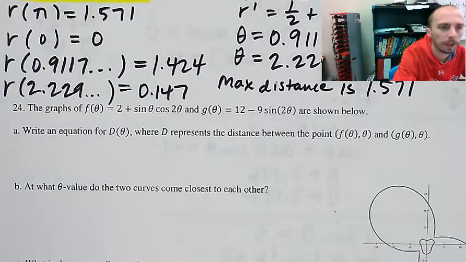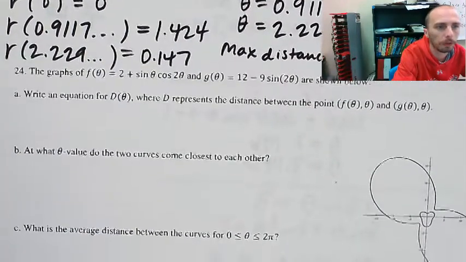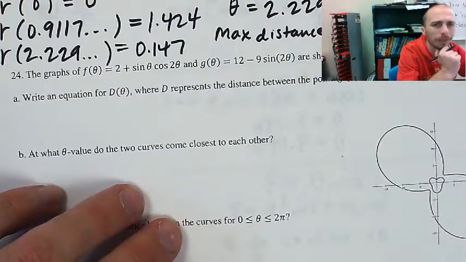Right, the graphs of f of theta equals this and g of theta equals that are shown below. Write an equation for d of theta where d represents the distance between the graphs of f and g. Ooh. Okay, this is a good question.